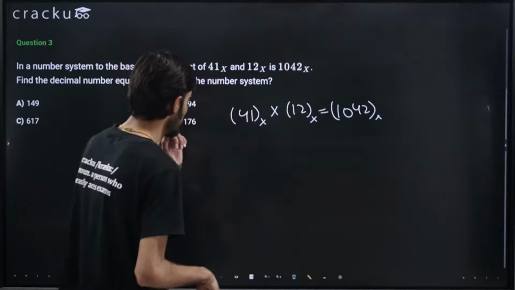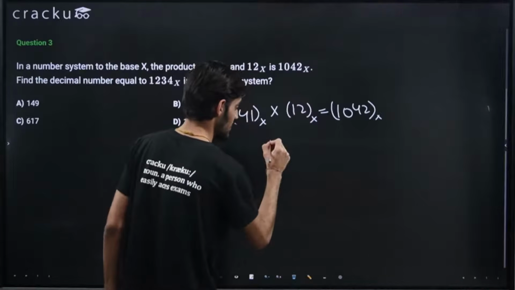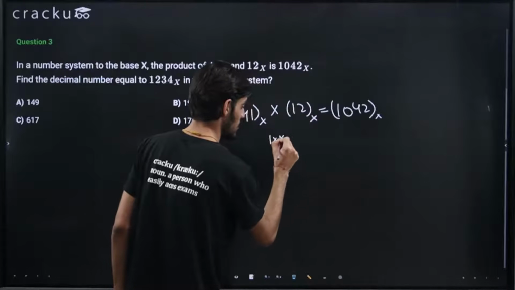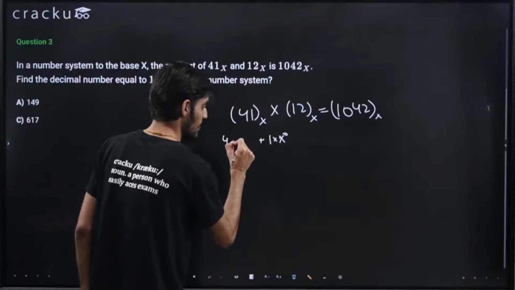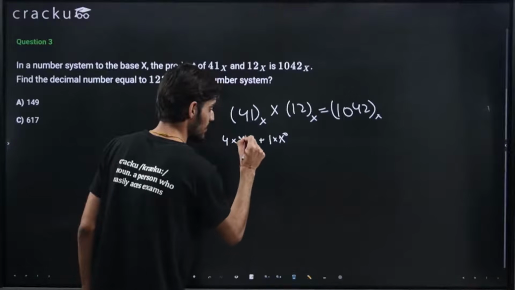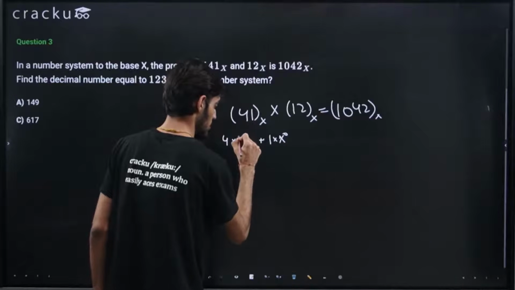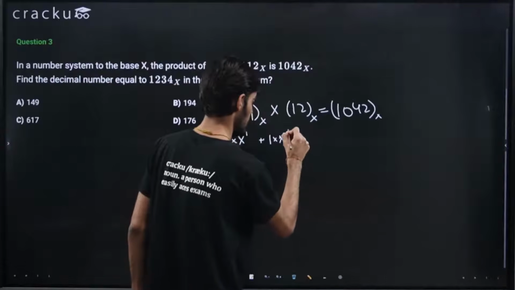To convert it into base 10, this 1 is multiplied by x raised to power 0 plus this 4 multiplied by x raised to power 1, to convert it into base 10.